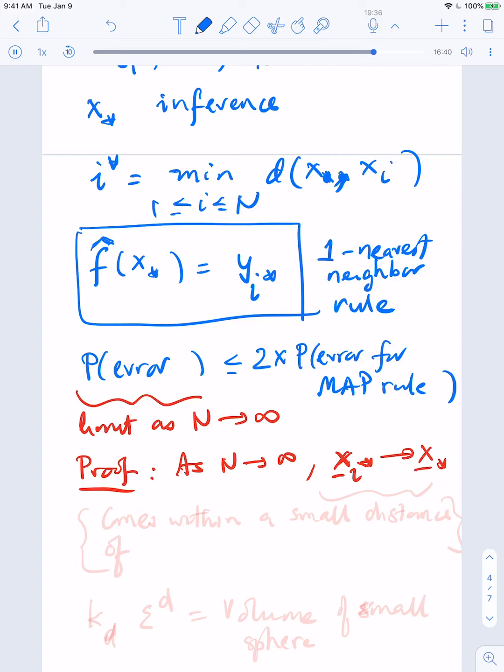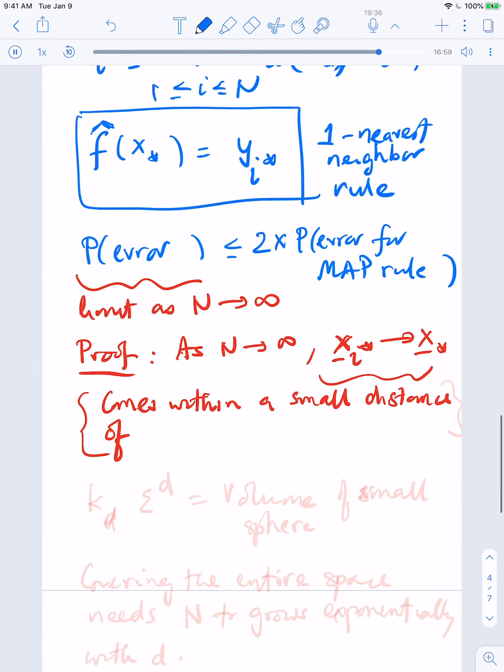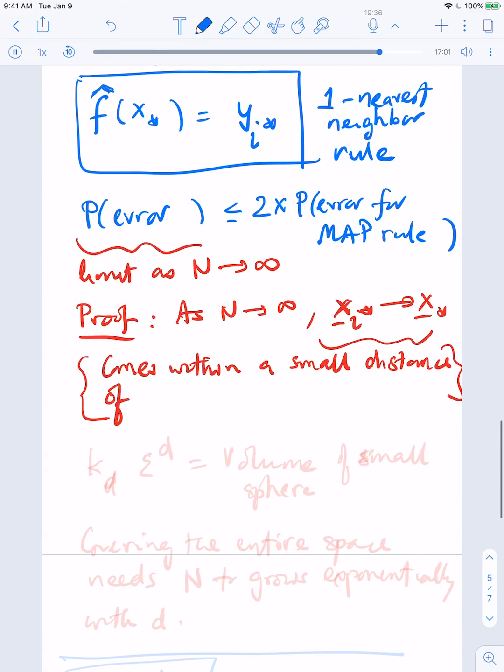And when I say tends to, it means comes within a small distance of. And that's where the curse of dimensionality again comes in, because if I am relying on this to make things happen, and I look at the volume over which I'm working, that volume is really shrinking exponentially.